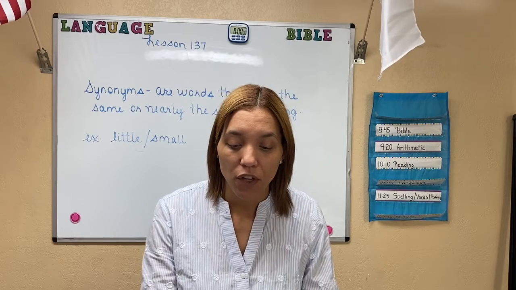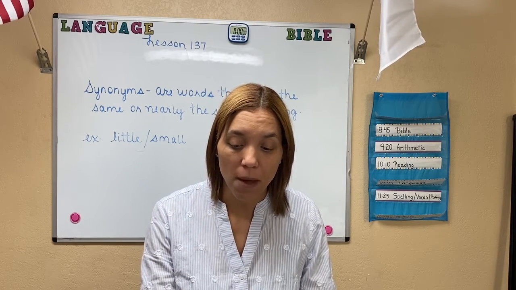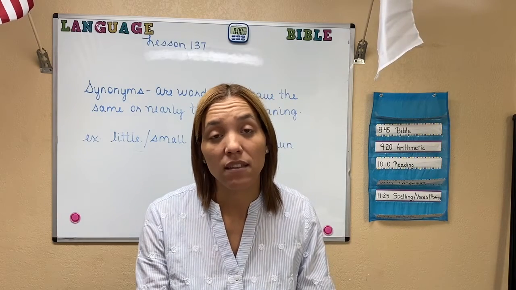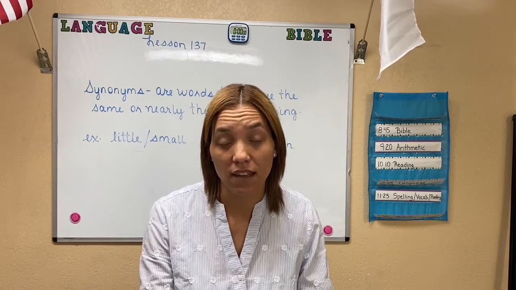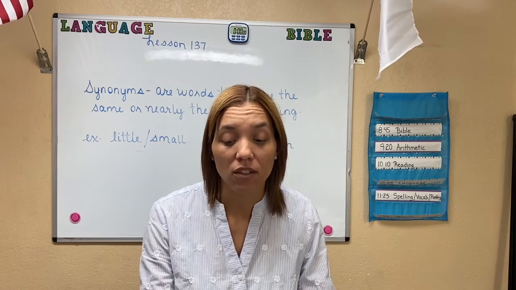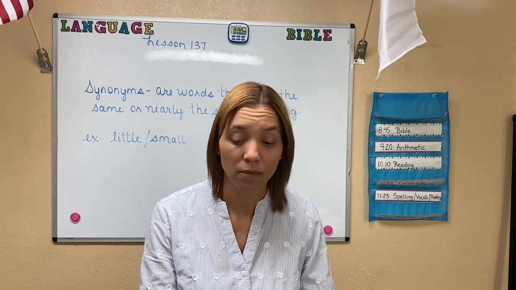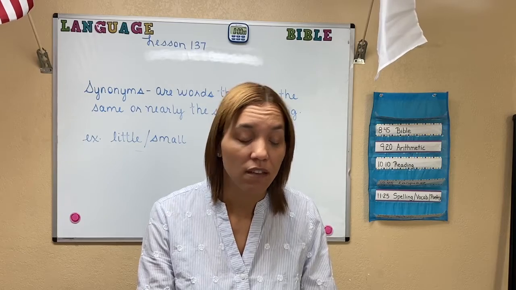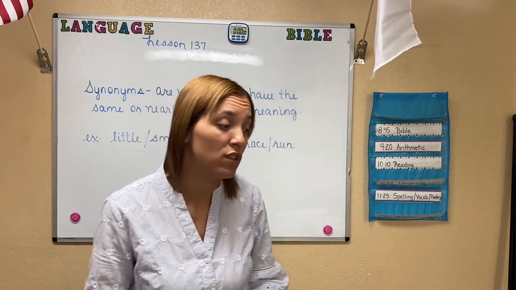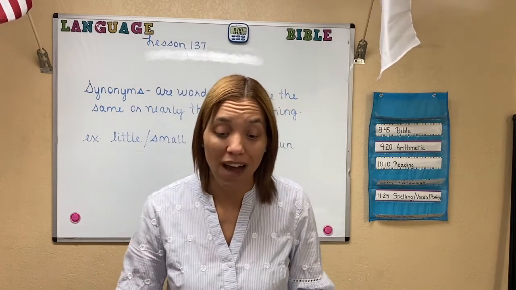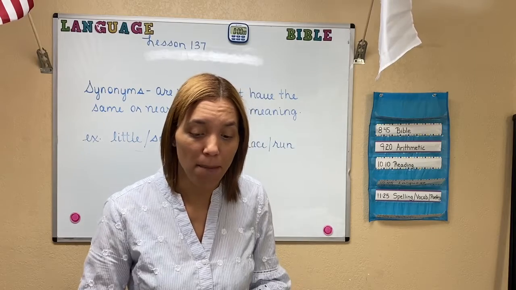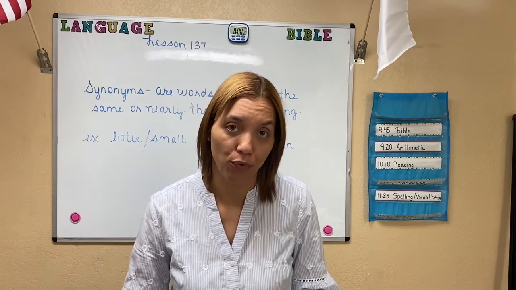Number 2, food, fruits, pineapple. Which one do you think is the most specific and exact word? Pineapple. Because food could be anything, fruit could be any as well, but pineapple is the more specific, so it would be pineapple. Number 3, it says limp, walk, and move.